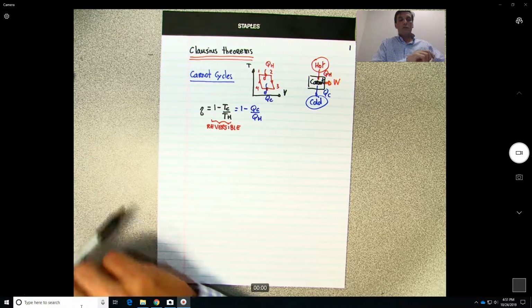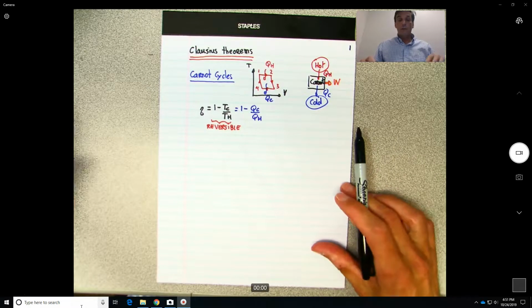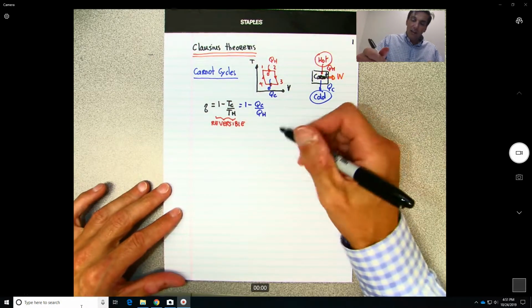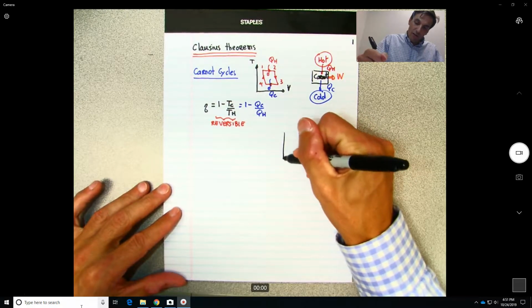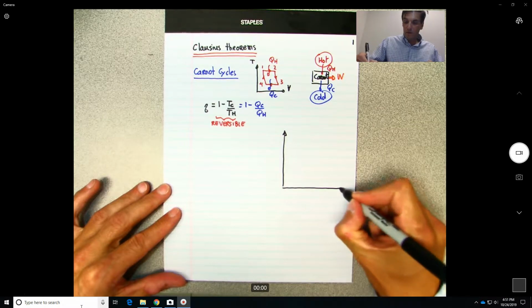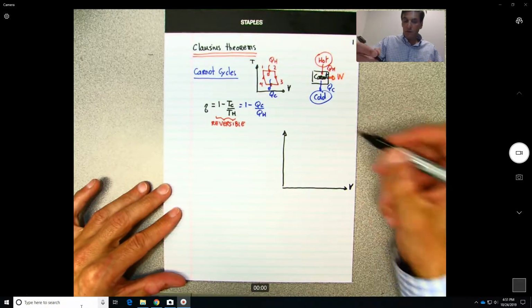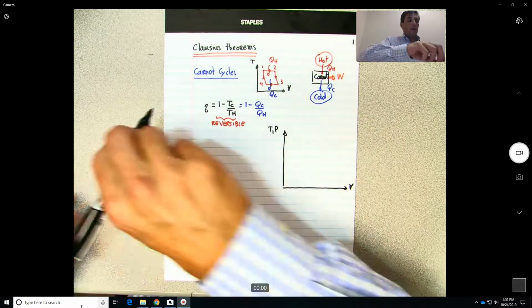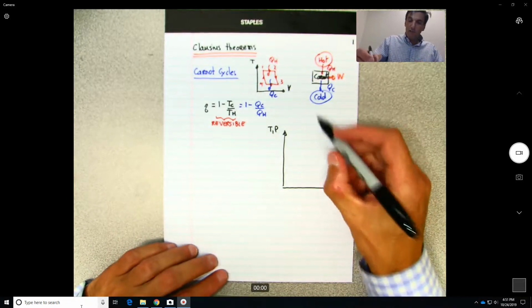Okay, so let's see where Clausius was really smart. Clausius said, let us look at a general cycle, T-S or PV, it doesn't matter. Because once you go to a general cycle, it is not going to look this way.